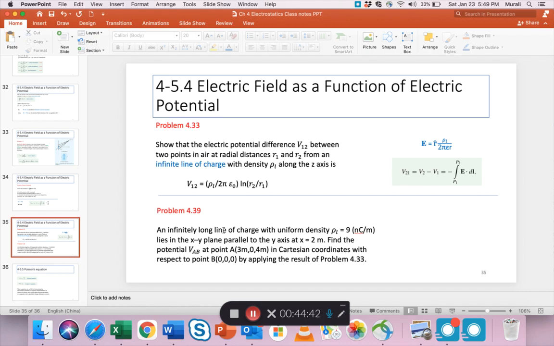Once you have this, we have some specific values given. It's an infinite line of charge, no doubt, but the actual rho L and r1, r2 are given. So how do you put some numbers into this formula? That's what it is.